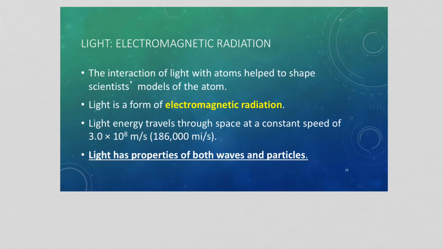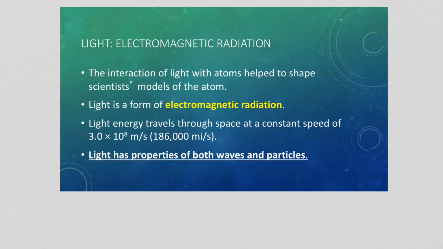Now, before we can jump straight into looking at electrons in the atoms, we need to set the stage by looking at what's called electromagnetic radiation, or what we commonly know as light. Some of the reasons we look at this is because the interaction of light with atoms helped to shape these models.